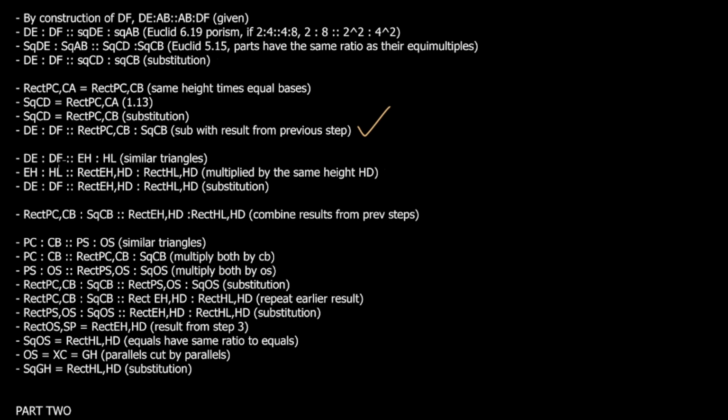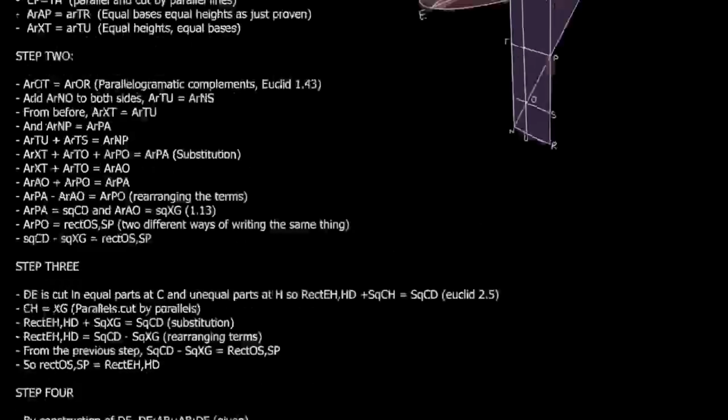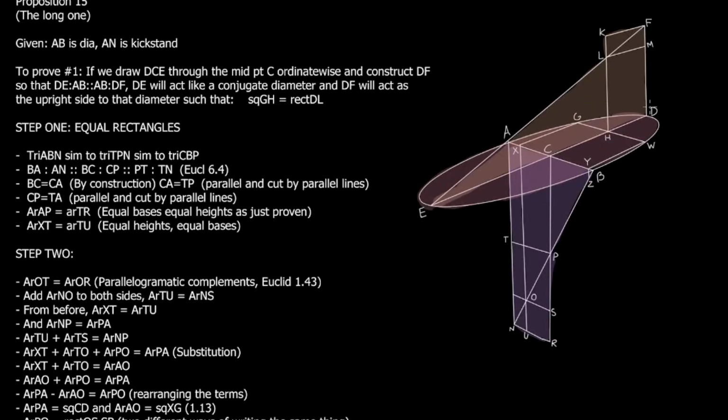So now we have, as DE is to DF, EH is to HL. DE, DF, EH, HL. So it's one similar triangle within the bigger similar triangle.